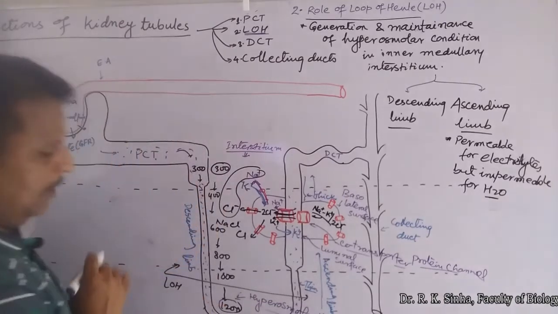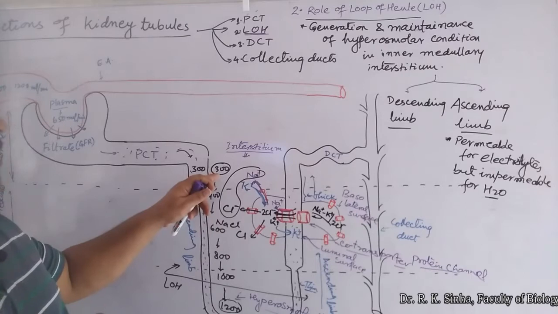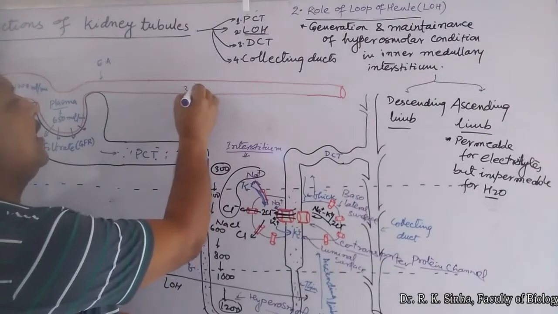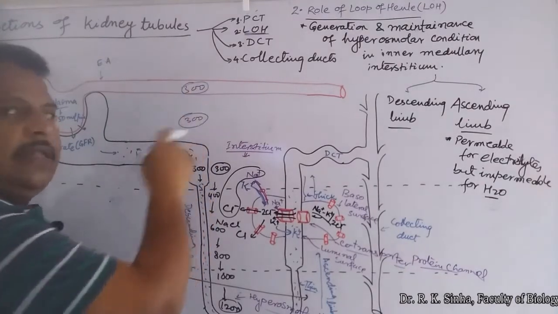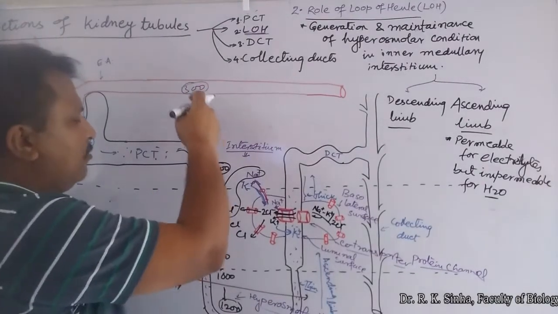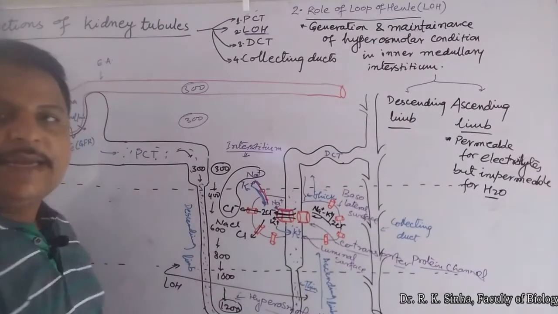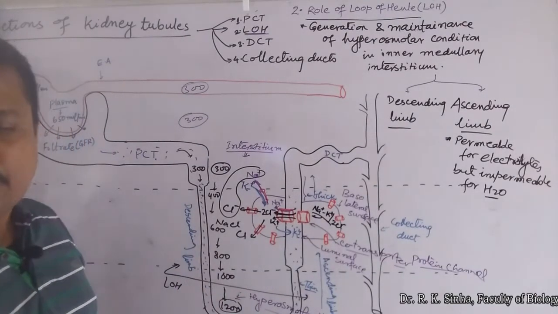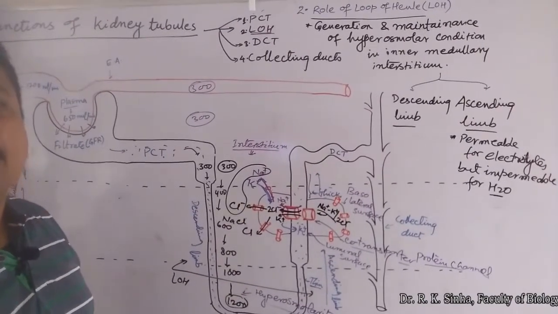We can compare it with this 300 milliosmol per liter. Here also 300, here also 300 in the cortex region. So with respect to 300, this is a hyperosmolar condition. Once it is attained, it will be maintained in the same condition, at 1200 milliosmol per liter.